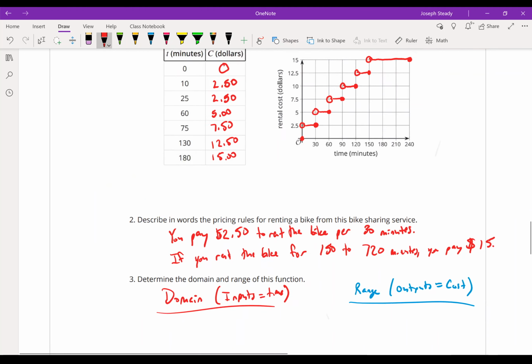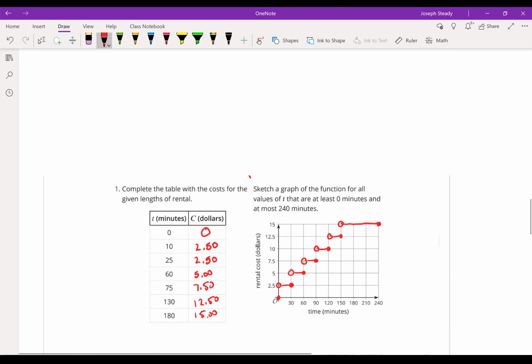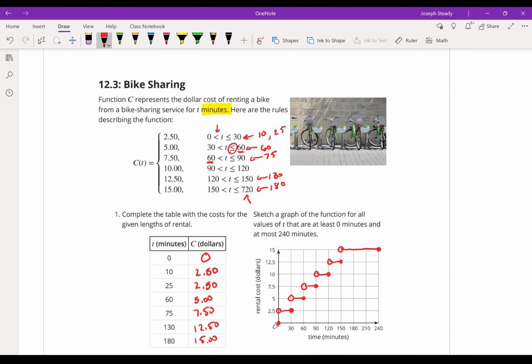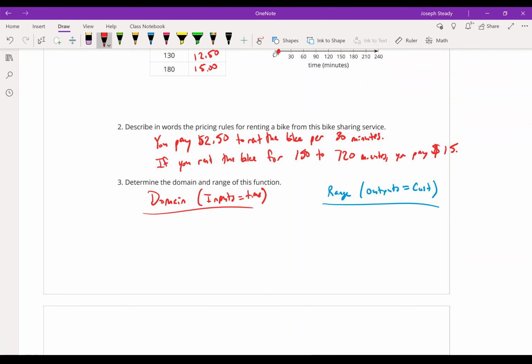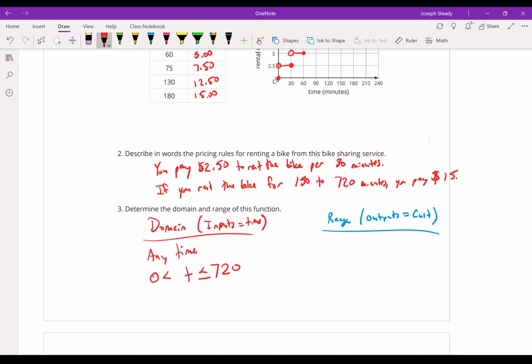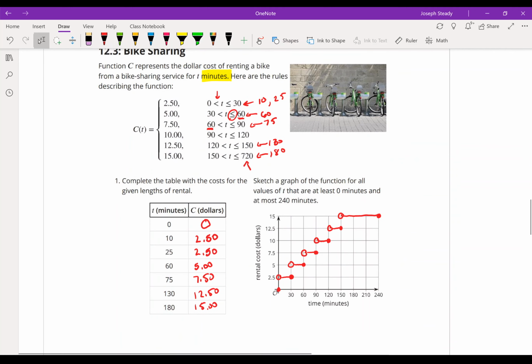Our domain for this function, if we follow the algebraic rule, they don't include the 0, is any time from 0 to 720 minutes. And we include the 720, but I'm not including that 0 because they didn't either.